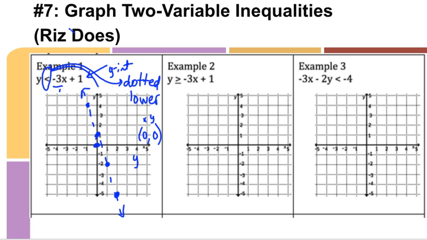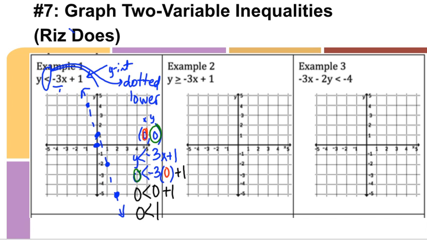So if my inequality says y is less than negative 3x plus 1, I'm going to replace y with 0, less than negative 3 multiplied by 0 for the x, plus 1. So that means 0 is less than negative 3 multiplied by 0 is 0 plus 1, and then 0 is less than 1.